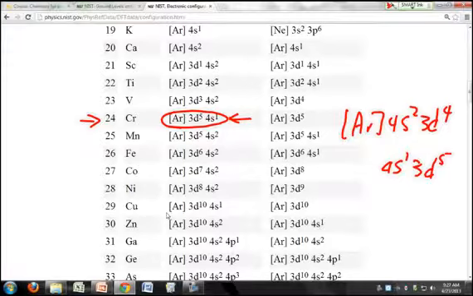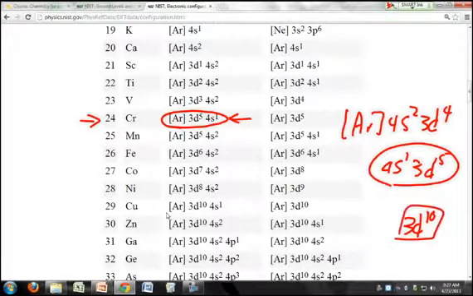A common exception you'll find is there's a shifting of electrons from one sublevel to another. And the typical explanation given for this is that there is some kind of stability associated with half-filled subshells. So remember, a D subshell is completely filled if it has 10 electrons, and an S subshell is completely filled if it has 2 electrons.